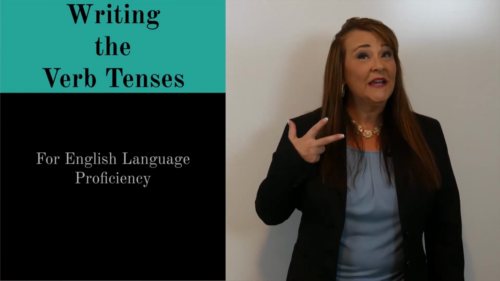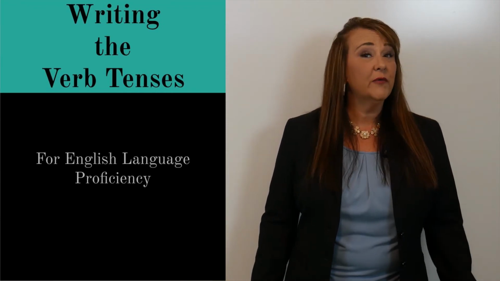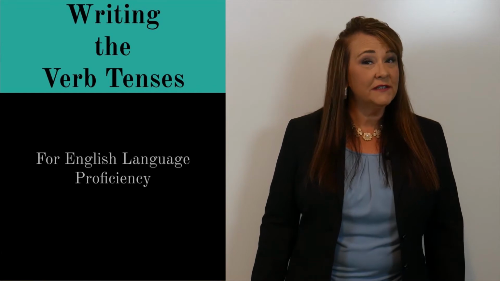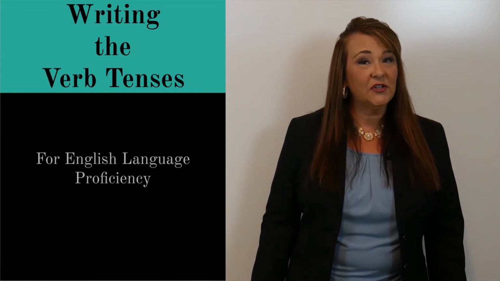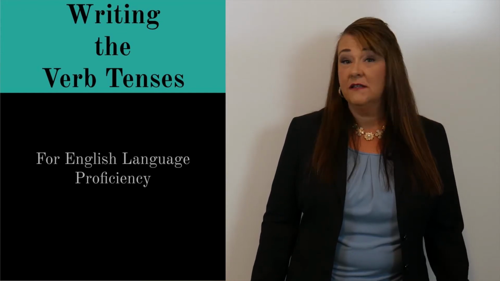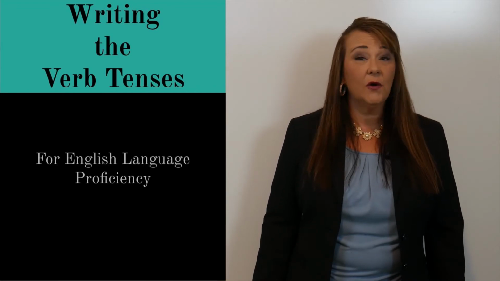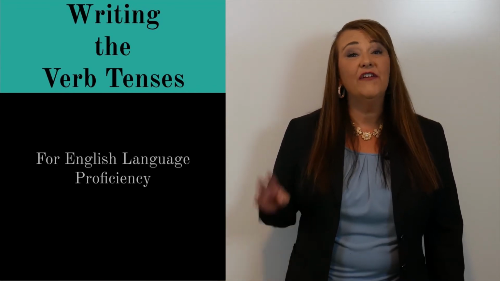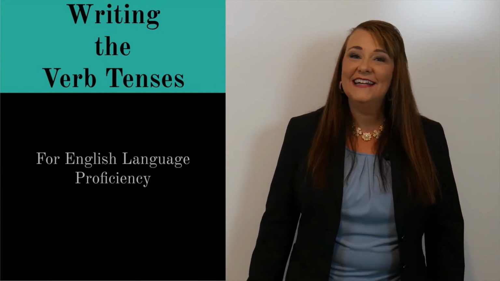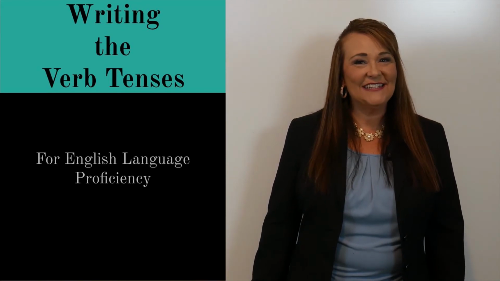The next 3 lessons, we're going to practice writing in 3 different time tenses. Each lesson you will see a series of pictures and you will practice writing sentences using the same verb tense, either present, past, or future, but in the 4 different aspects: simple, continuous, perfect, and perfect continuous.